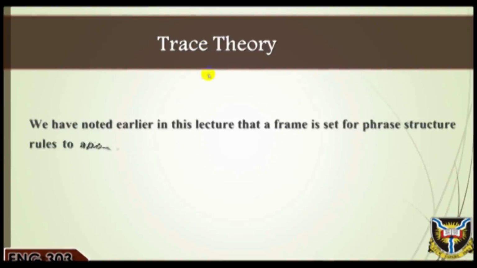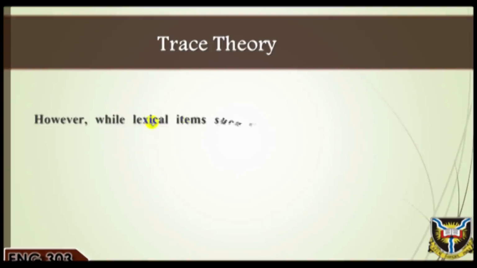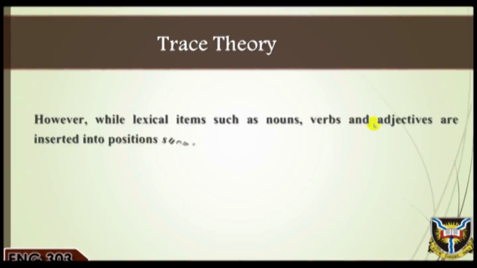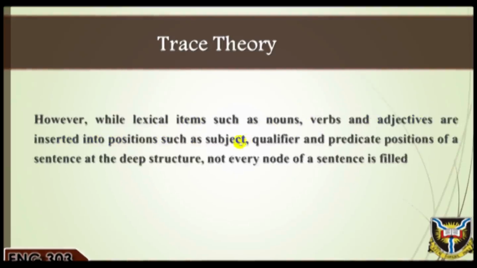Trace theory. We have noted earlier in this lecture that a frame is set for phrase structure rules to apply in constructing a sentence. In this sense, lexical items are inserted into specific nodes. However, while lexical items such as nouns, verbs, and adjectives are inserted into positions such as subject, qualifier, and predicate positions of a sentence at the deep structure, not every node of a sentence is filled.